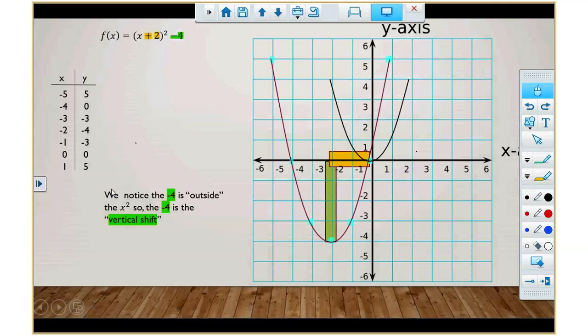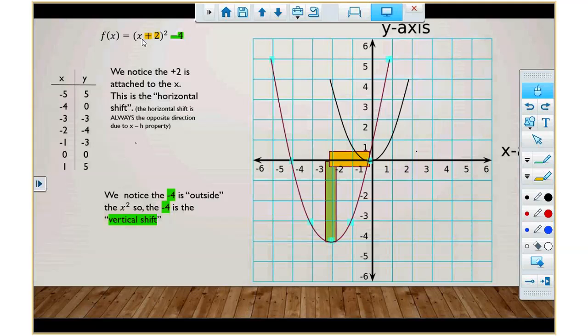Notice from the previous that the 4 is outside the exponent, so it's a vertical shift. But the 2 is what? Inside the exponent, and it's attached to this x. If it's attached to the x, that means it's the horizontal shift. Now the horizontal shift is always the opposite direction due to the x minus h property. The original property is x minus h.